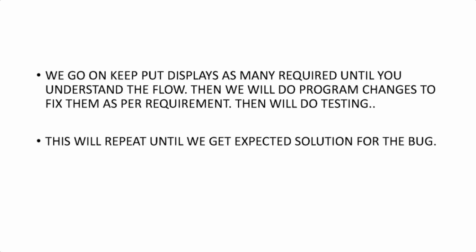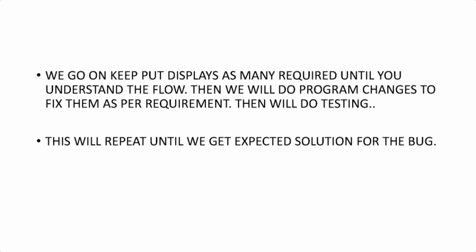So the fixing and testing approach. We keep putting in as many displays as required until we understand the flow of the program. Then we can do the changes to fix the requirement or the bug. Then we will do the testing.